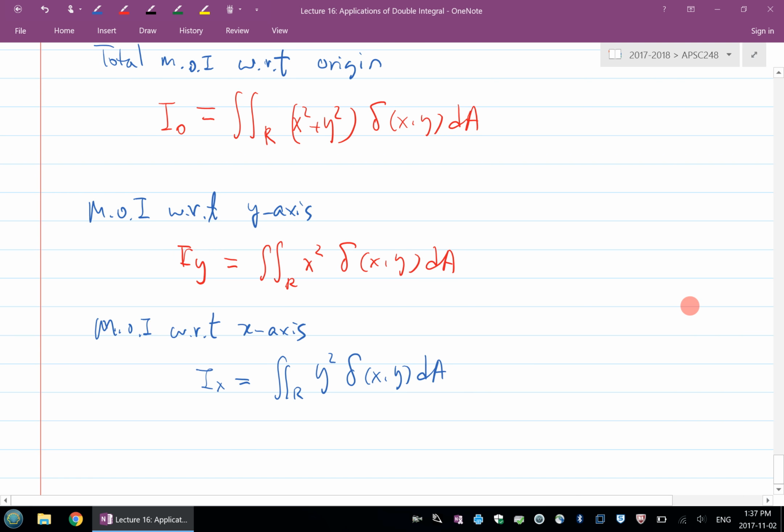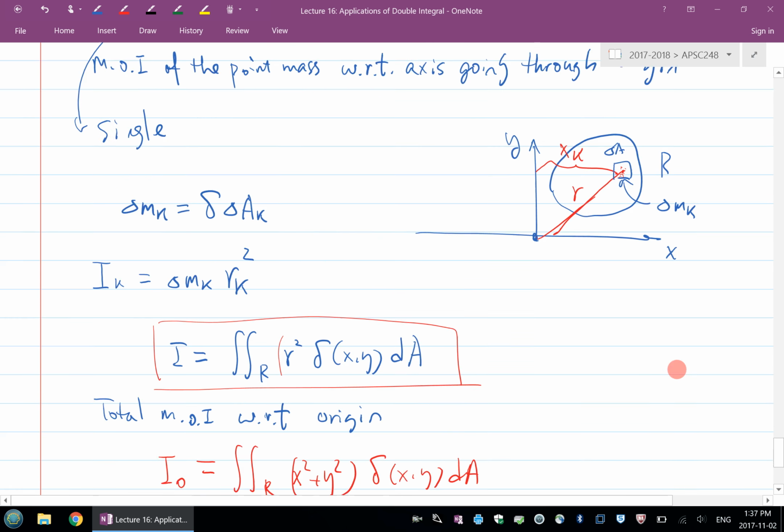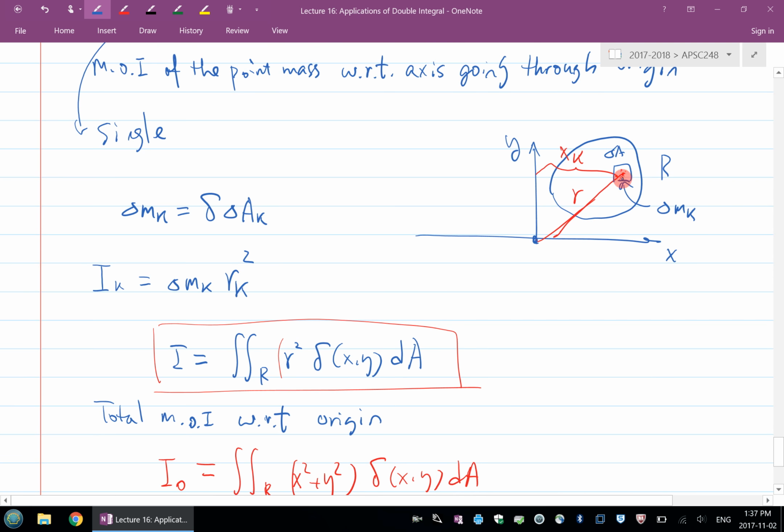So good? Yes. Moment of inertia is always about a certain axis. That's the number one thing you need to remember.